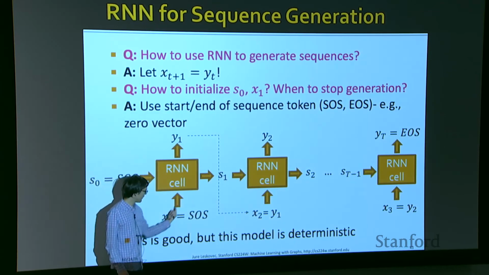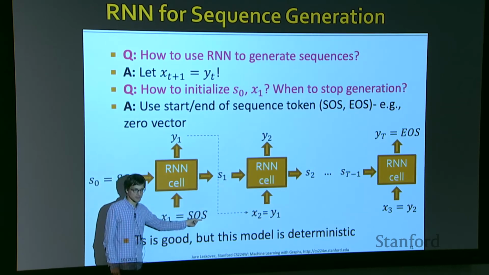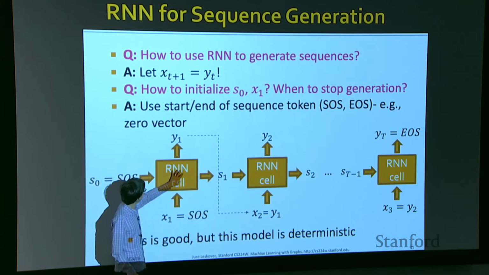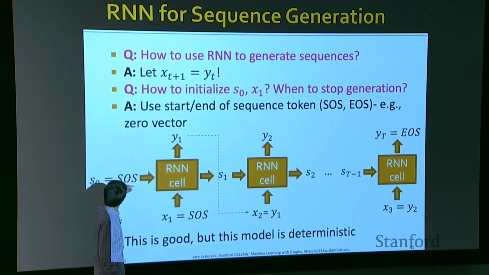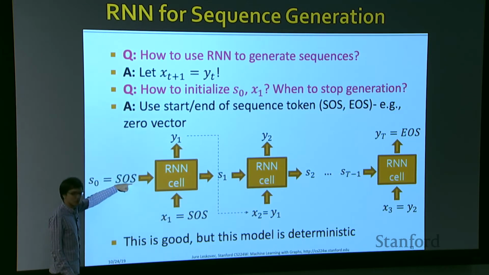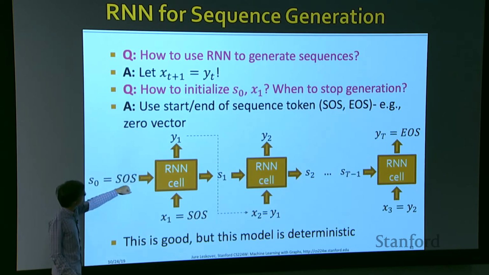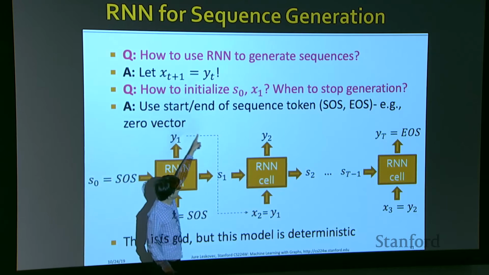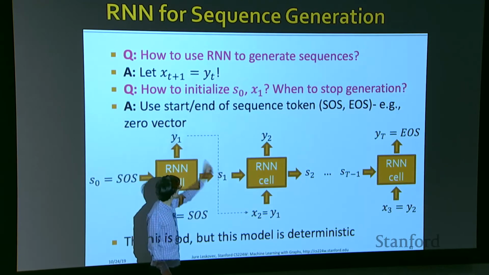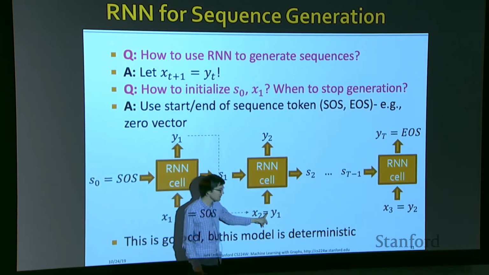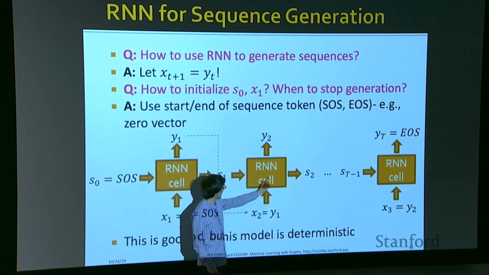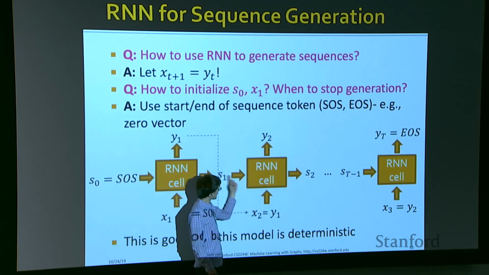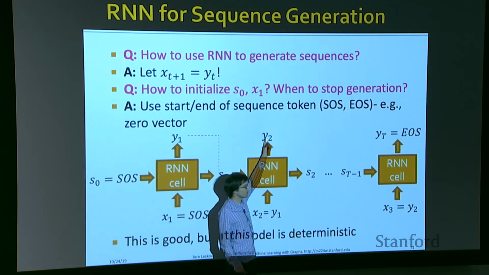I will first kick it with the start of sequence symbol. I will also use the starting state to be start of sequence. I will generate some output. I will update the state. Now I take this output, rewire it in here, put it in again. This thing will take the state and the input and generate the new output.